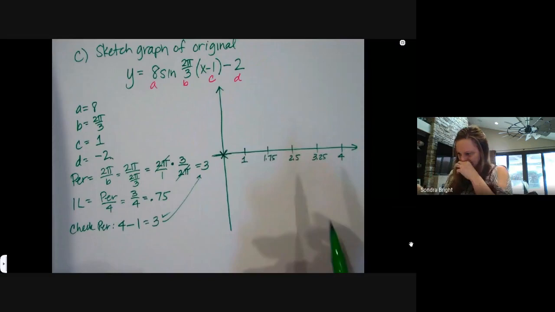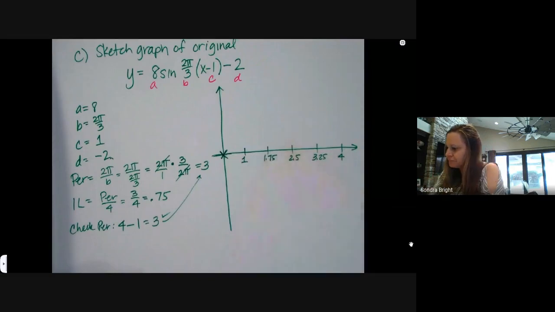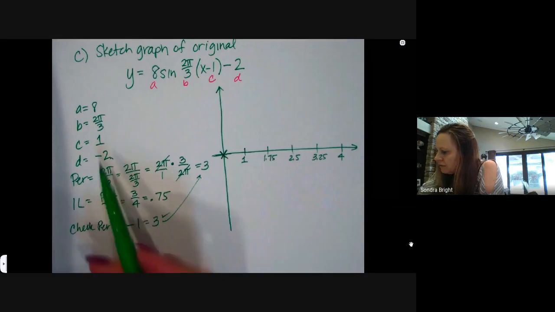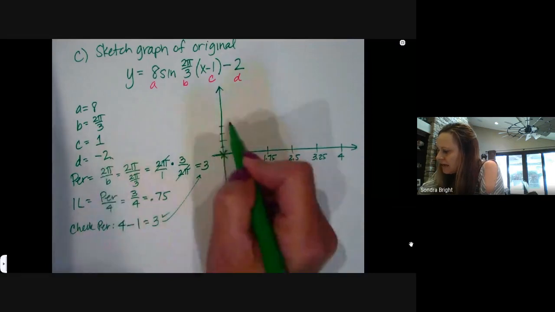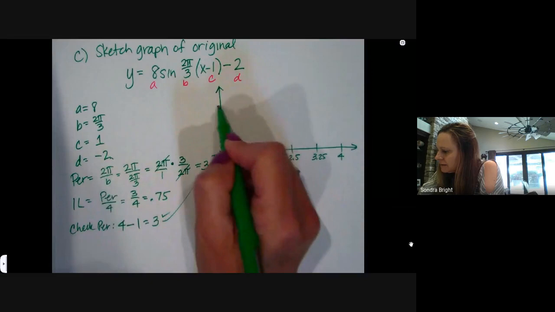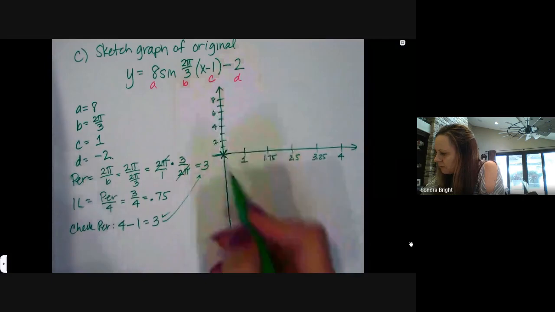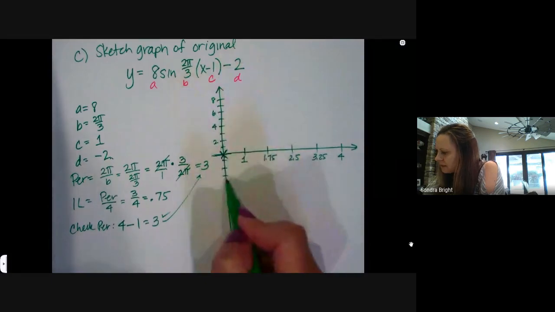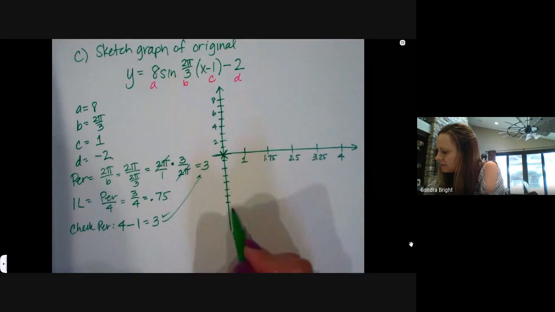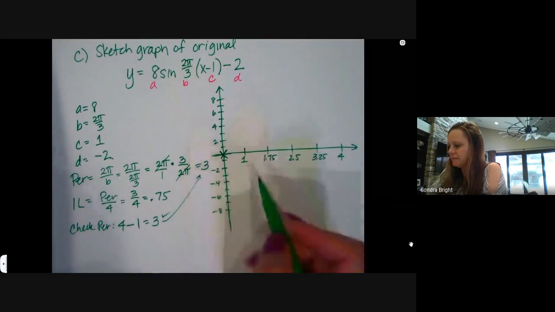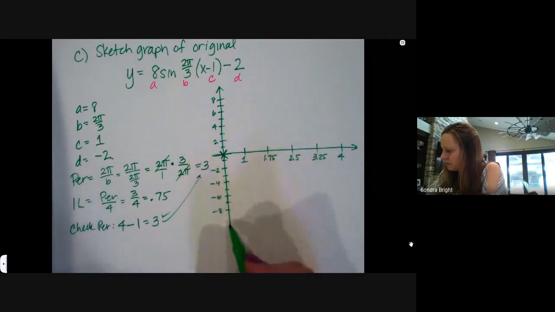All right, so I need 1, 2, 3, 4, 5, 6, 7, 8, and then 1, 2, 3, 4, 5, 6, 7, 8. I'm going to be shifting down 2 more, so I'll go 2 more and get down to -10.